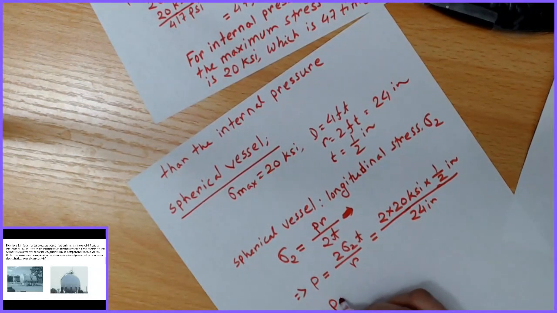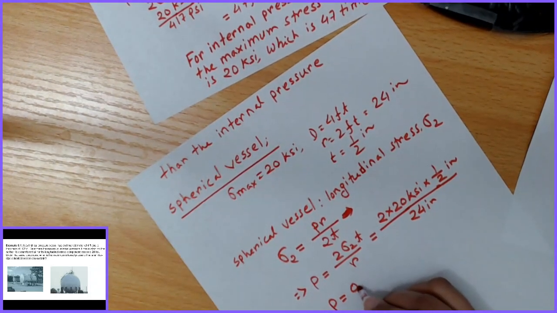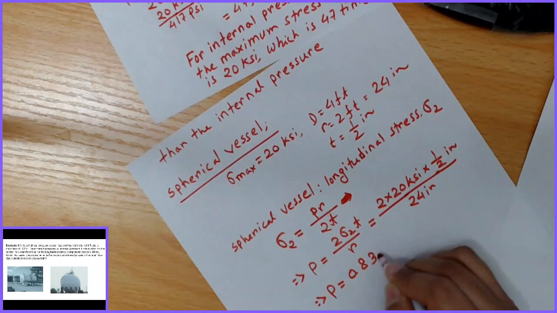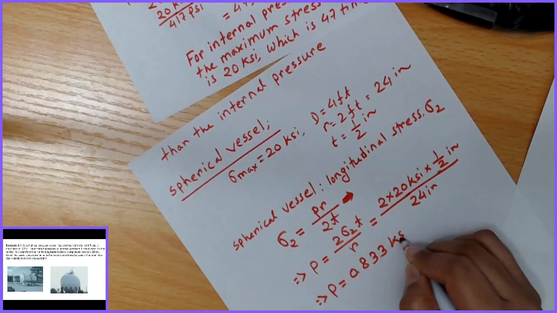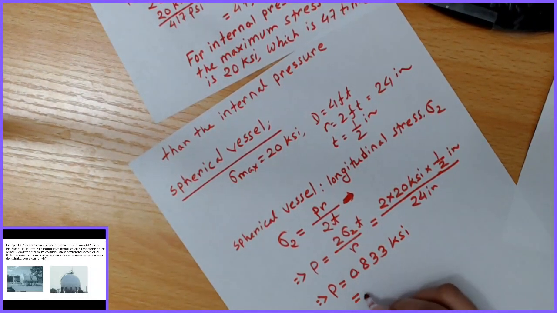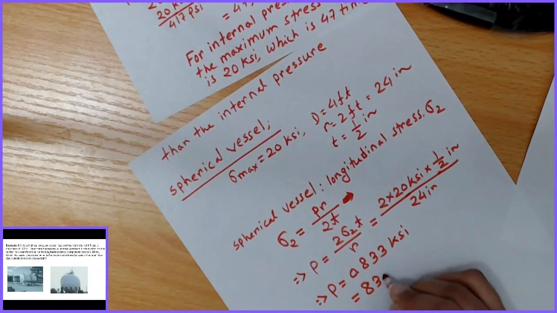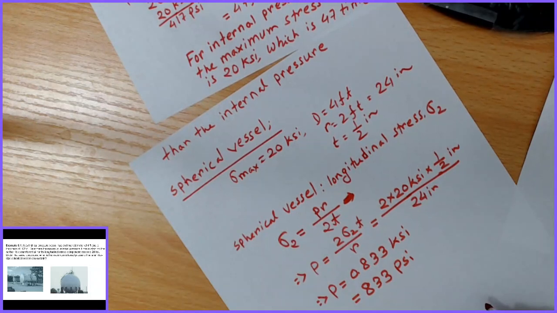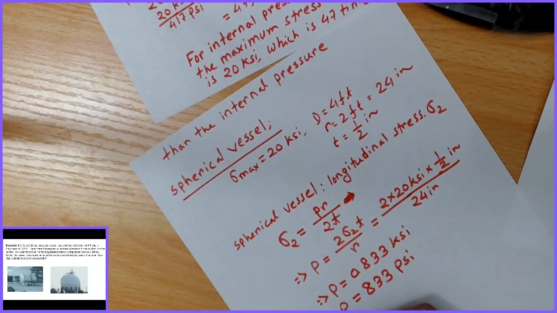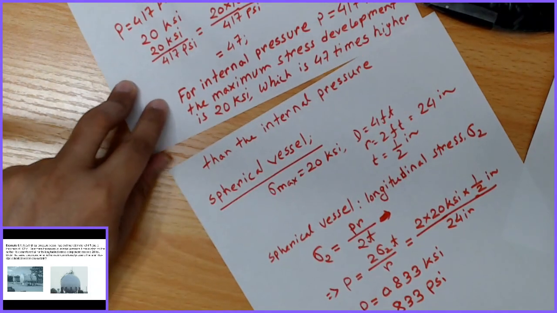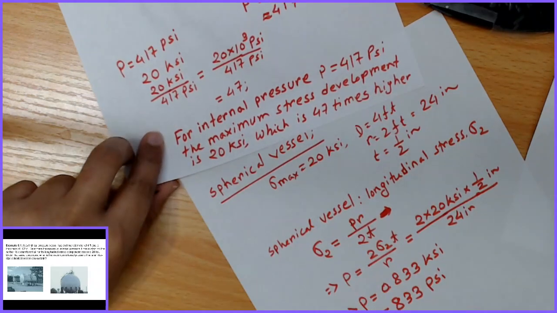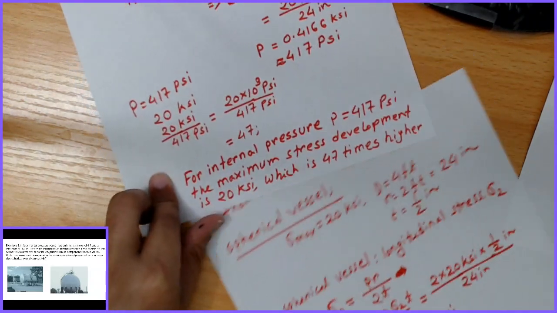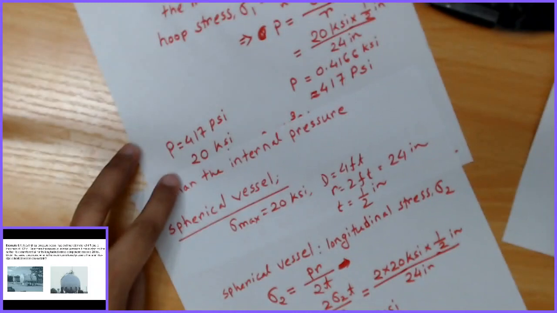So P is 0.833 ksi, equal to 833 psi. So these are the two results.